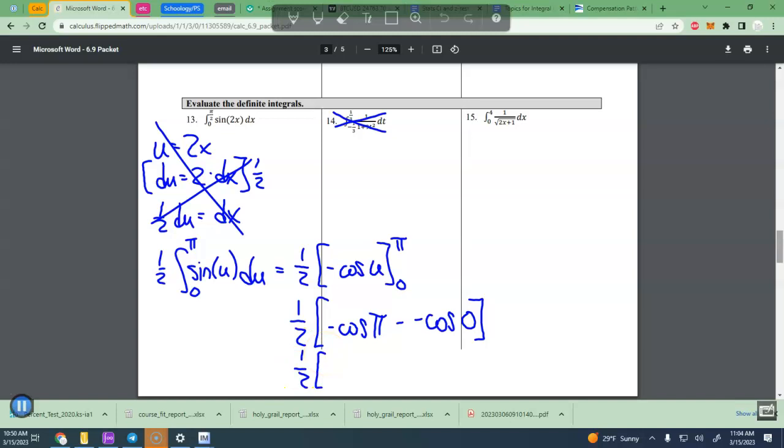So cosine of pi, so from your perspective, pi is over here, and cosine's the x value. So what's the x value over here? It's negative 1, but it's a negative of that, so it's 1. Minus a negative is a positive. Then cos of 0 is the x value over here, which is 1. So you get 1 half times 2.